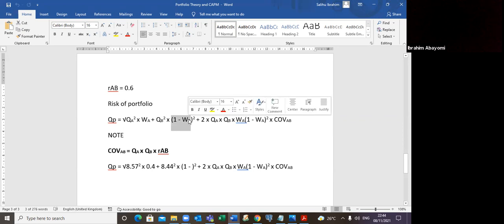Like the example I gave there, if I have put 40% on investment A, it means the balance I'm putting on investment B is simply 1 minus 40%. Please, this one should have square, weight of A square.